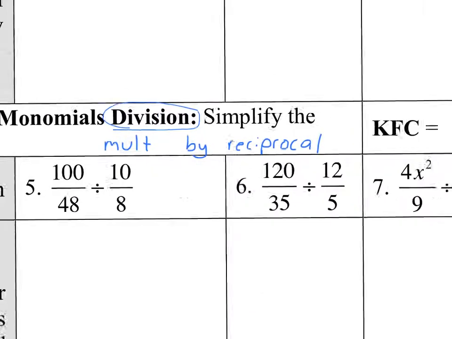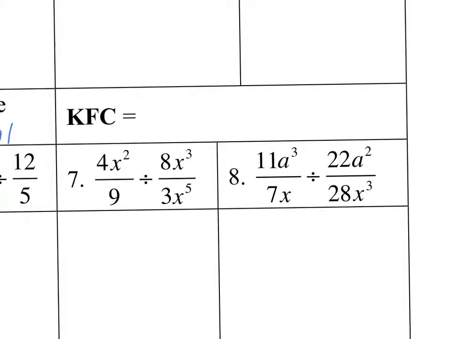A quick way of remembering is that you keep the first fraction, you flip the second fraction, and you change the operation. KFC: keep, flip, change. So for any of these problems that have a division, you keep the first fraction, you reciprocal or flip the second fraction, and you change from division to multiplication.